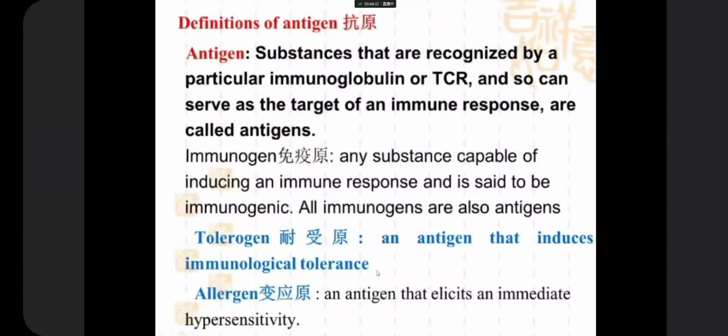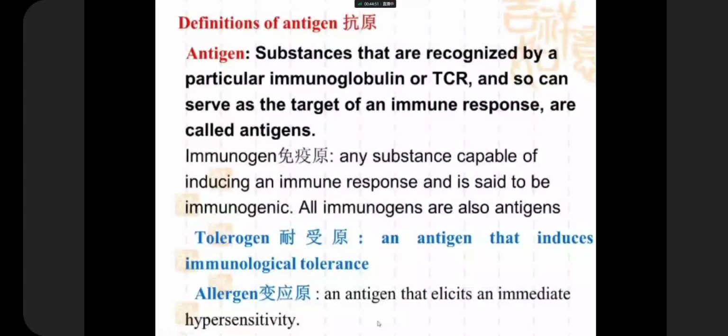Another name is allergen, in Chinese 变应元.